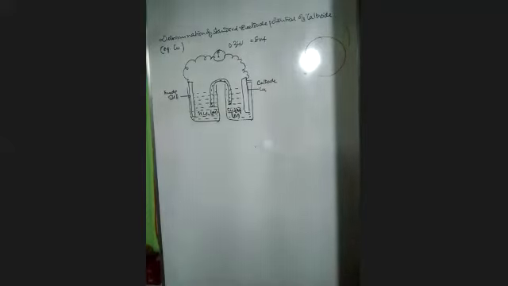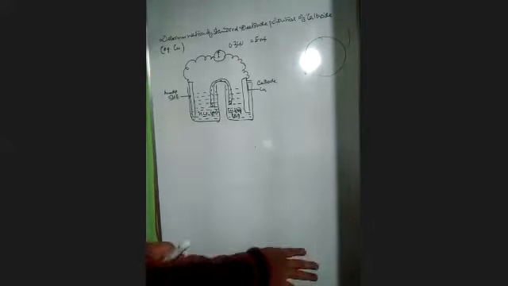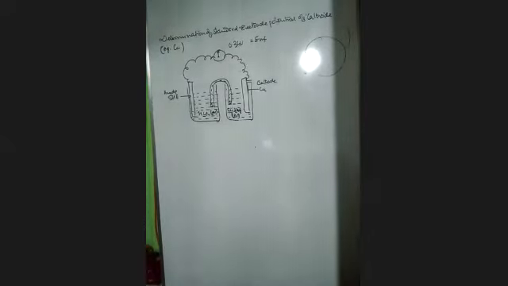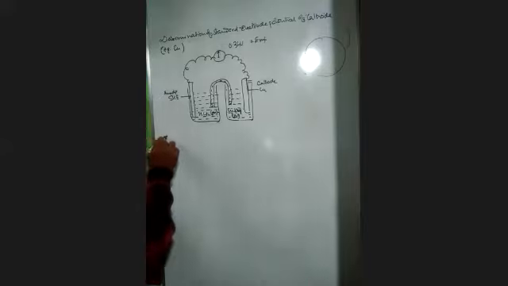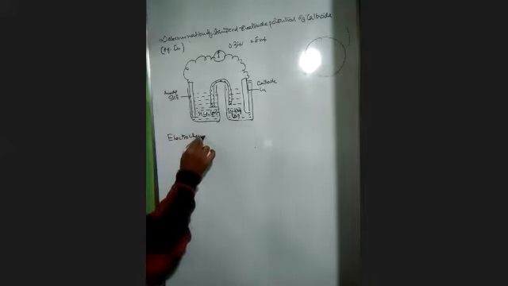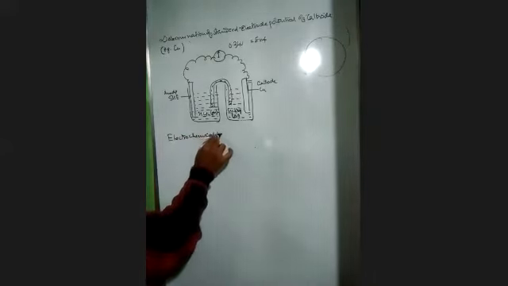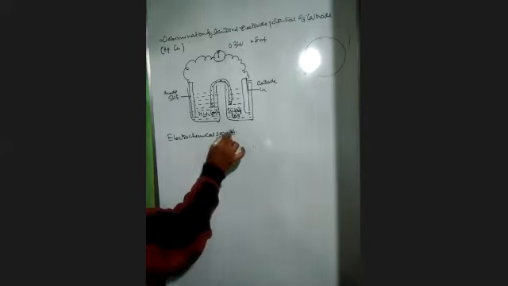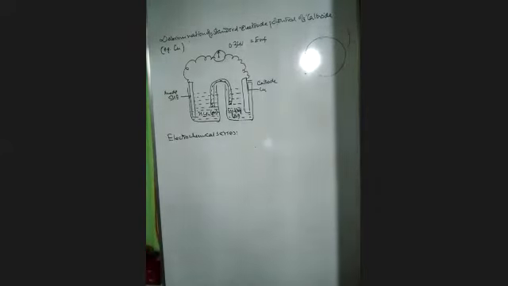But now, according to IUPAC, these are being arranged in order of the standard reduction potential. Okay. So you get a series, and that series is called electrochemical series. Electrochemical series.